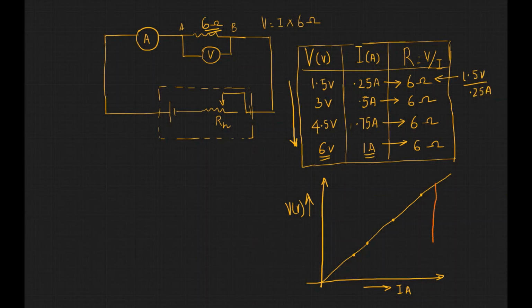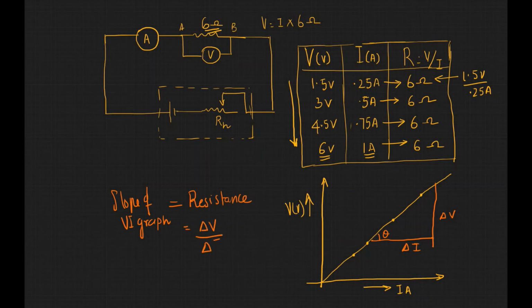You can find the slope of this line, and that slope will give you the resistance. That's another way of stating Ohm's law: the slope of the VI graph is equal to resistance, and it can be expressed as delta V divided by delta I.